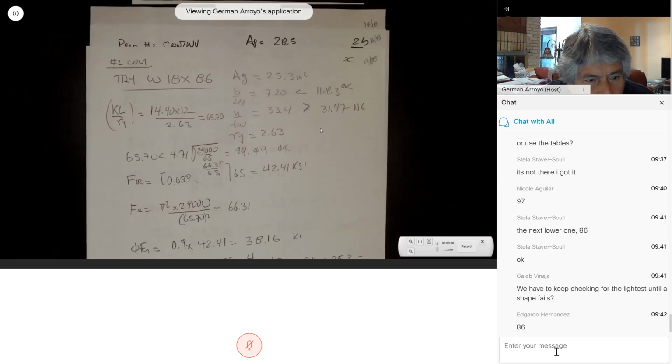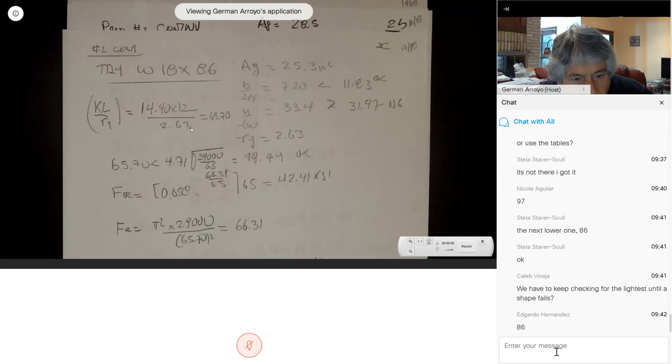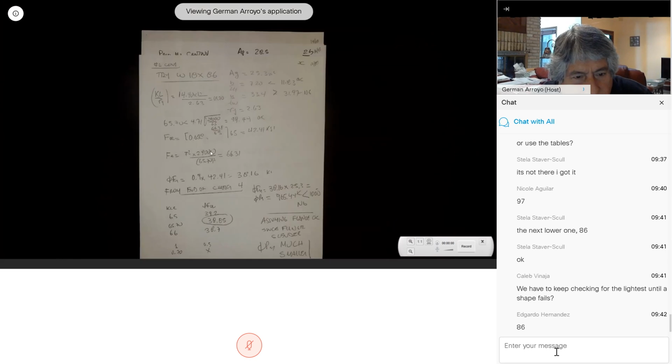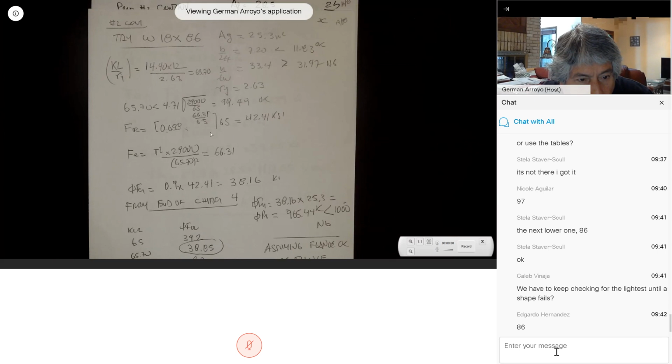So I did a K over RY, 65.70, is smaller than 99.49, the same formula as before. And so I computed this as 4241, the critical stress 38.16, 38.16 times the area, no good.